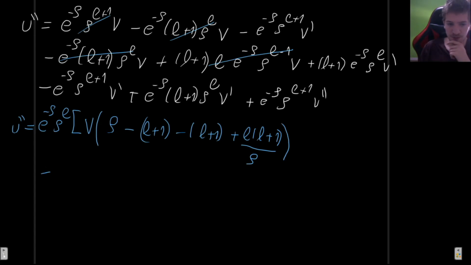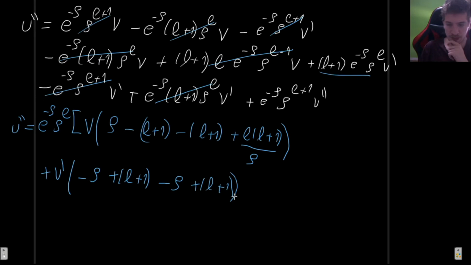Now let's go with the v primes. So here we're going to have minus rho from this first one. Here we're going to have plus L plus 1, and there's still these two. So then we have minus rho from this one, and here we have plus L plus 1. Okay, and finally we have to include, let me see, did I put all the parentheses? Yes. And finally we have this, which is just rho v prime prime.